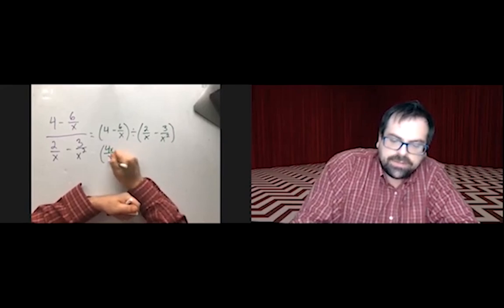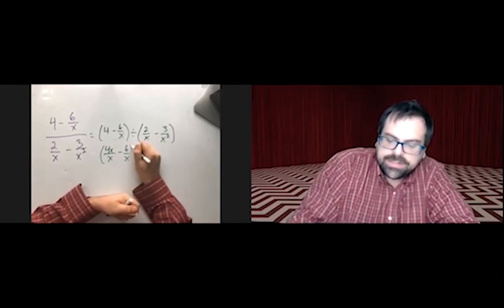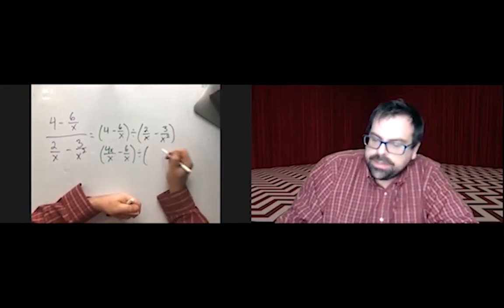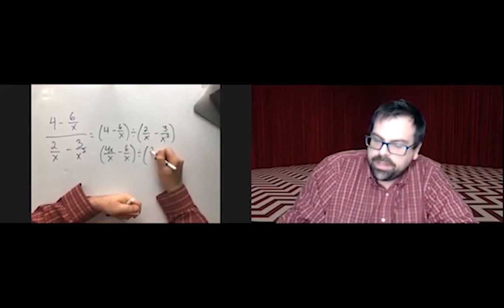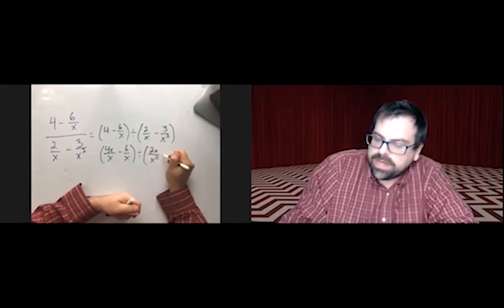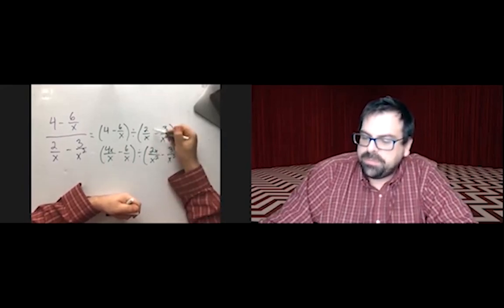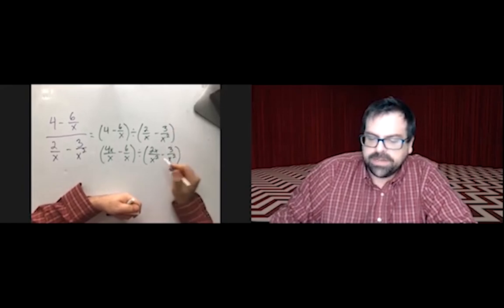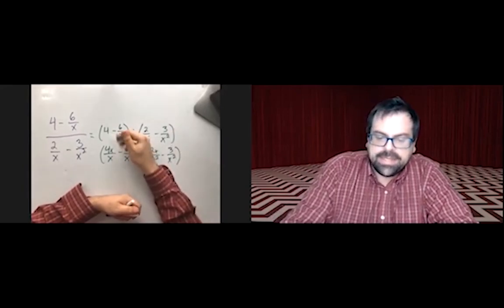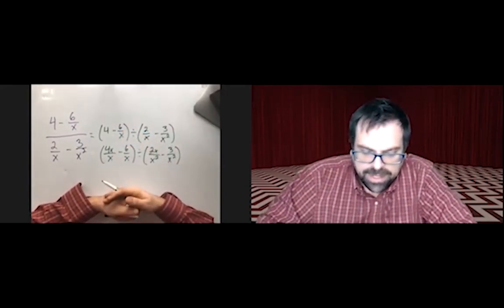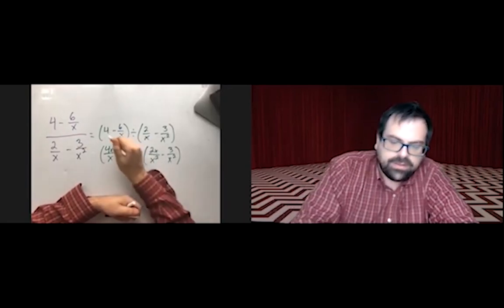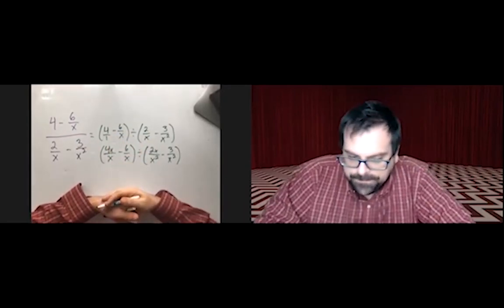This is 4x over x minus 6 over x divided by 2x over x squared minus 3 over x squared. This one got multiplied by x over x to get the common denominator, as did this 4 get multiplied by x over x, the 4 over 1.